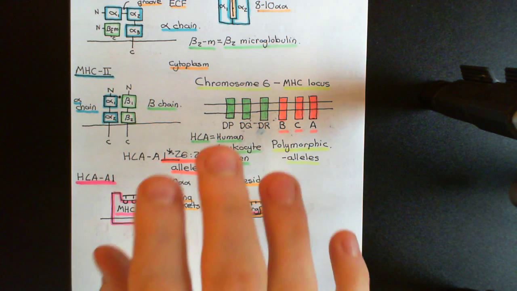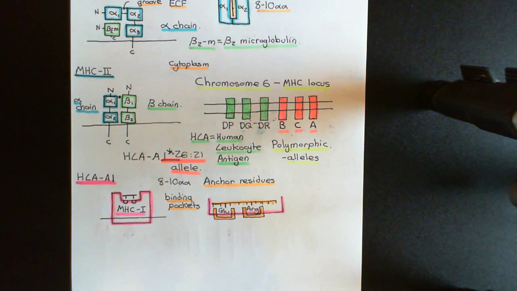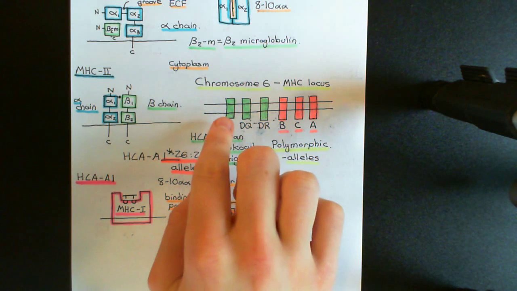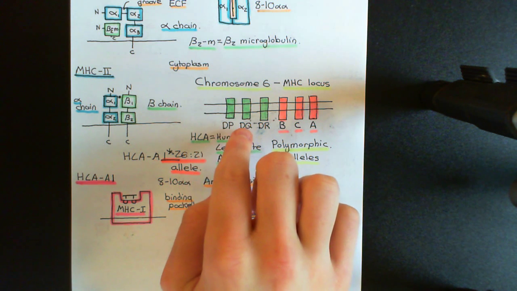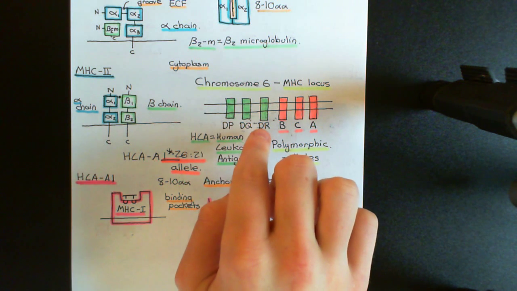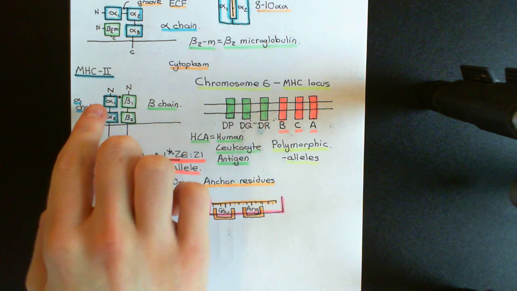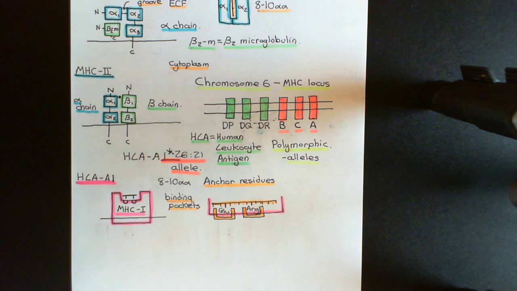The MHC class 2 loci contain genes for making both alpha chains and beta chains. So you can make a full MHC class 2 protein complex just from the HLA-DP locus, or just from the HLA-DQ locus, or just from the HLA-DR locus. If you do it from the HLA-DP locus, you get an HLA-DP MHC class 2, etc. for the other ones as well.